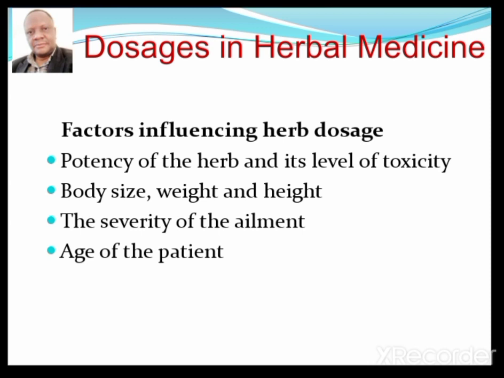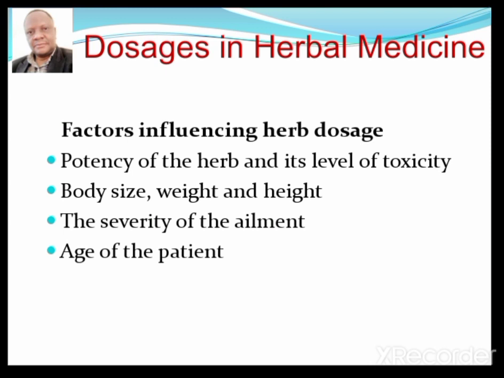The potency of the herb itself and the level of its toxicity. It goes without saying that if a herb is very potent or toxic, the quantity you must administer should be little. Then body size, the weight and height of the patient. Those that are on the heavy side and are tall obviously will require more of your adult dose. The severity of the ailment, how severe the ailment is.